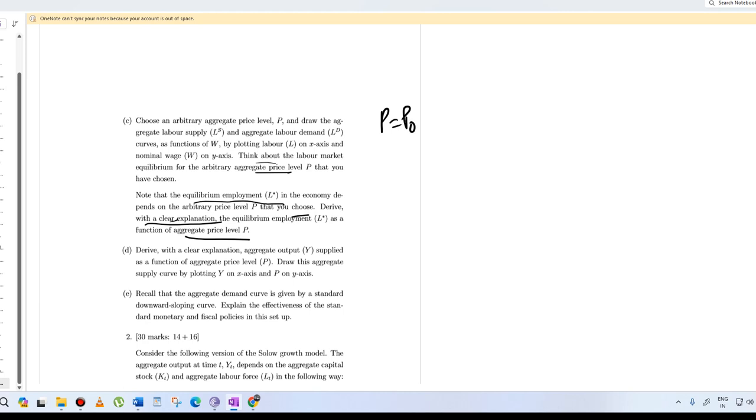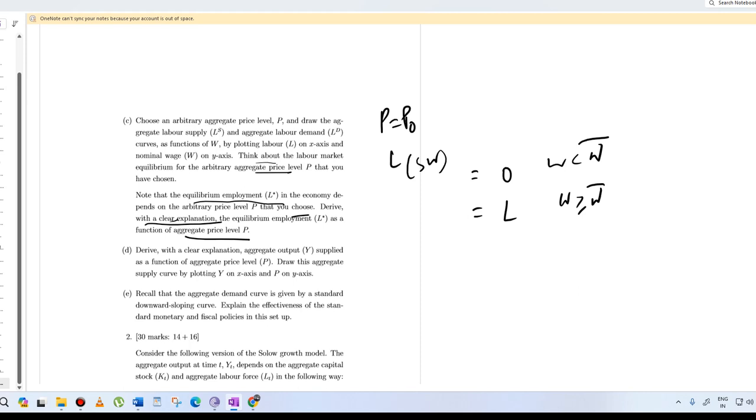The aggregate labor supply LS curve: L of W is 0 when W is less than W bar, and this is equal to L if W is greater than or equal to W bar. The labor demand LD curve is the downward sloping line directly.